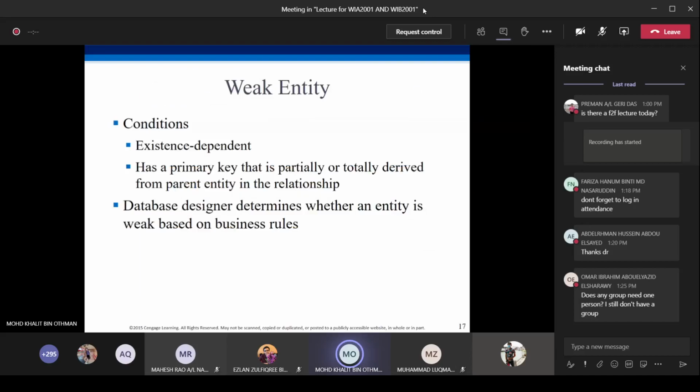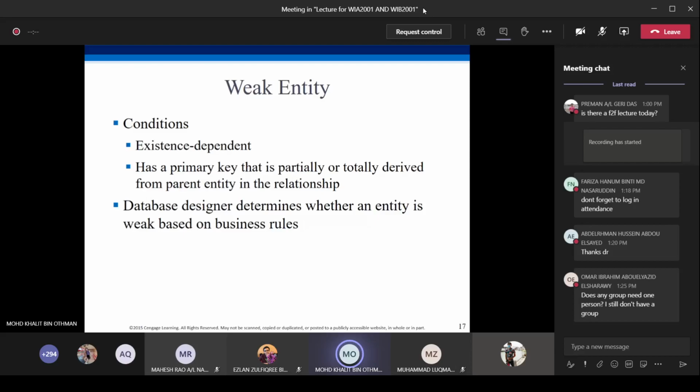We move to weak entity. What is a weak entity? A weak entity is an entity that meets two conditions. First, existence dependent, that is, the entity cannot exist without the entity with which it has a relationship.